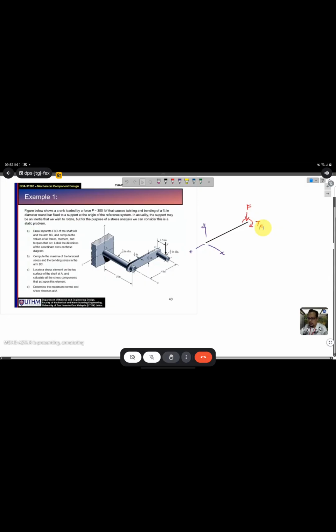The reaction load will be acting at the end of B here. So for the reaction load, you need to put the same force but in the opposite direction. We have force acting downward here, so for the reaction force here, you need to put force acting upward. And then this one, torque acting clockwise, and for here, you need to put torque acting counterclockwise.